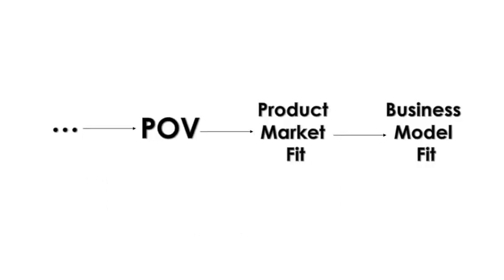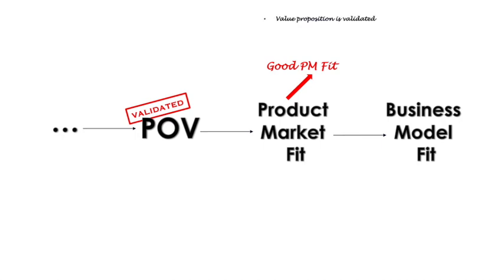Once the proof of value prototype is validated, we move on to figure out a good product market fit, where the value proposition to customers that was defined in earlier stages is validated by the user and the market share moves from innovators towards capturing early adopters through organic channels like word of mouth, and existing customers are coming back with repeat orders.